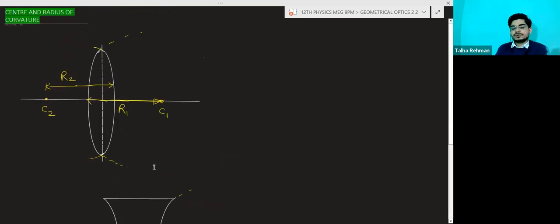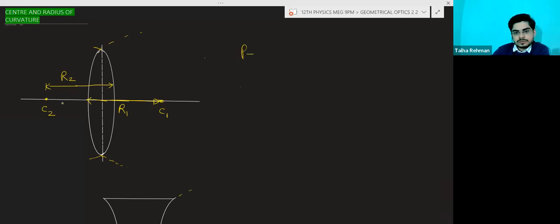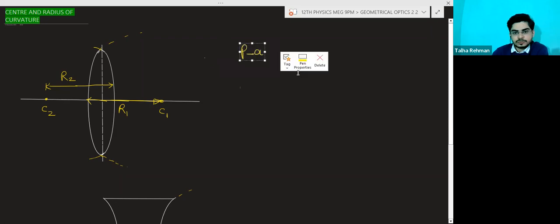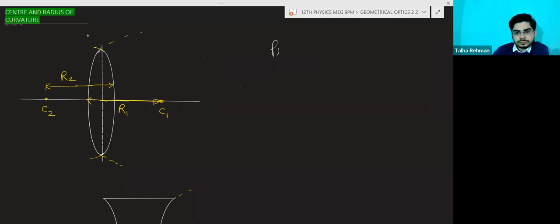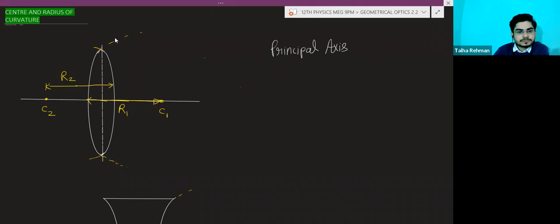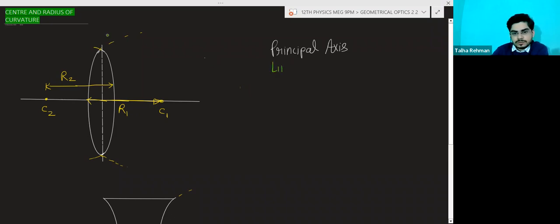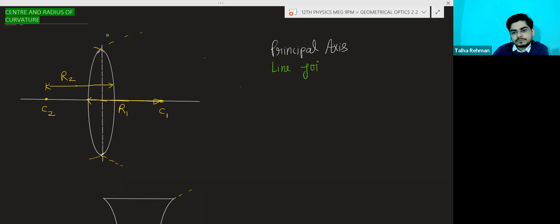One more thing I want to tell you: the principal axis. The principal axis here is the line joining the centers of curvature. The line joining C1 and C2 is the principal axis. So you can define the principal axis as the line joining C1 and C2.